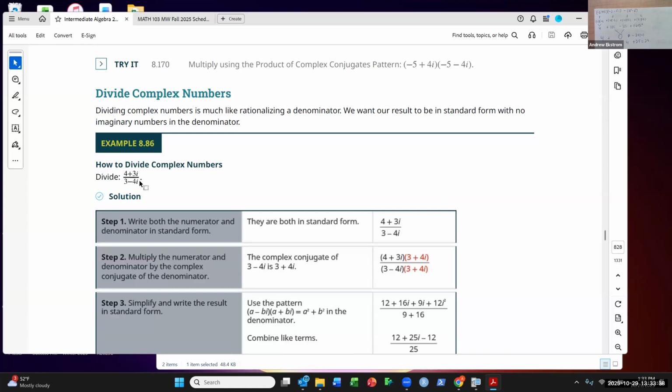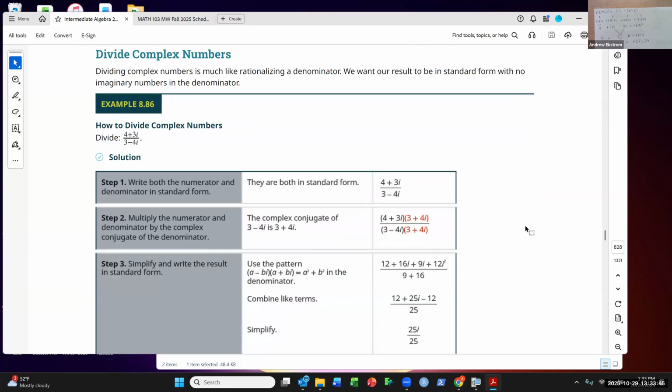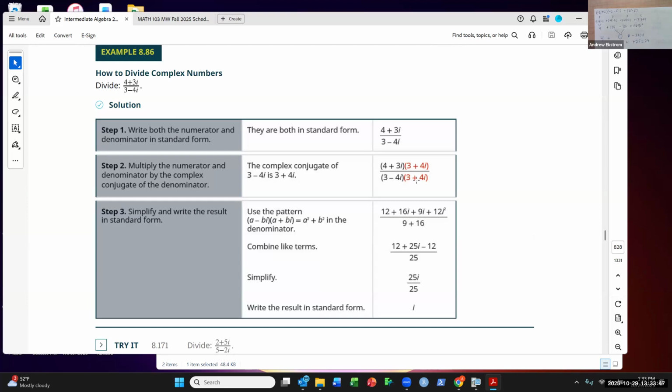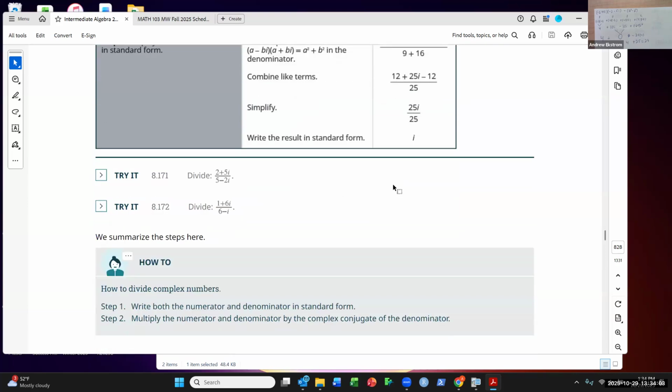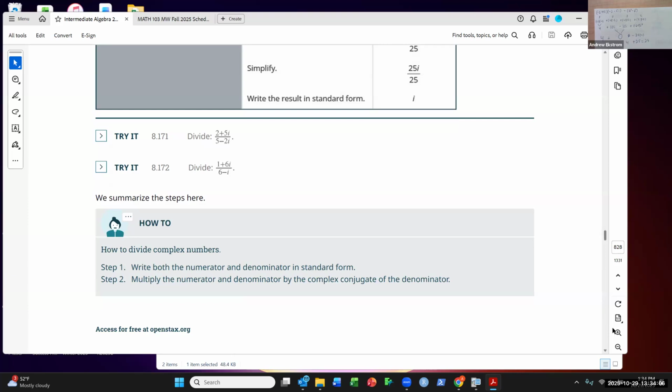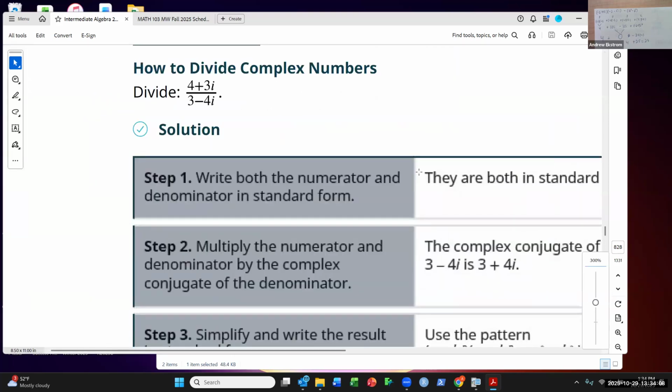Now, once we get to dividing by complex numbers, just look at the first step that we're doing here. What we're trying to do is use what's called the complex conjugate.